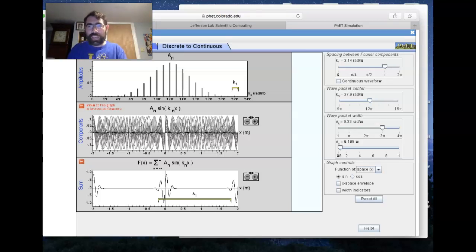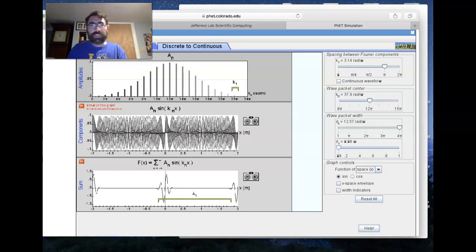And so right now the x is very well defined. So the position of my new wave particle is very well defined, but to do that I have to fill in a whole bunch of waves. So I'm not really sure what wave is making the contribution. It's a sum of all the waves.